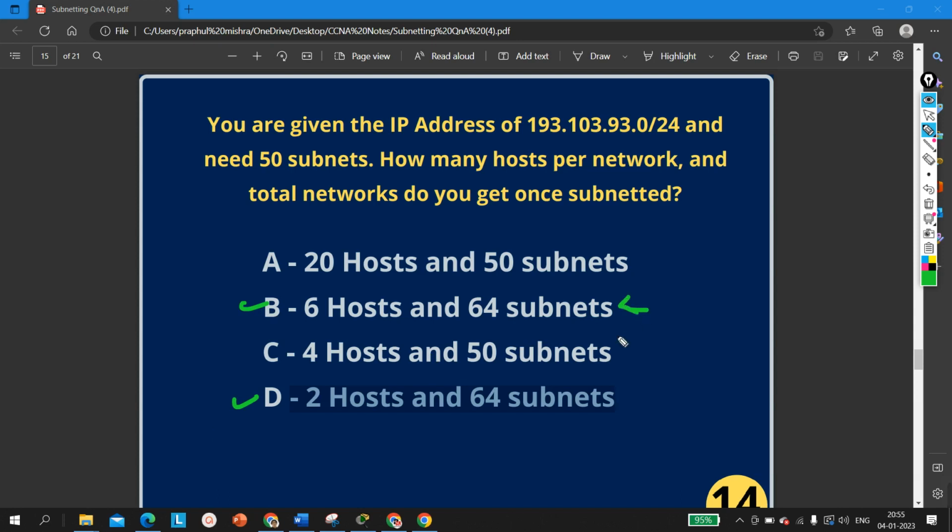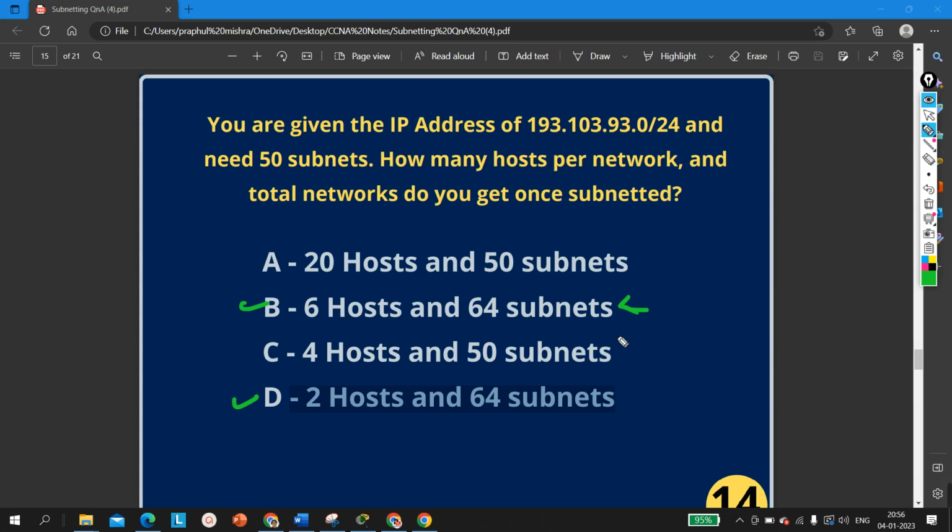Yeah, Praful, just a question. Can any network have 2 hosts? Yes, because then it will need to have one network and one broadcast ID. So four IPs, it cannot be. Yes, that can be possible, but there are no usable IP addresses.